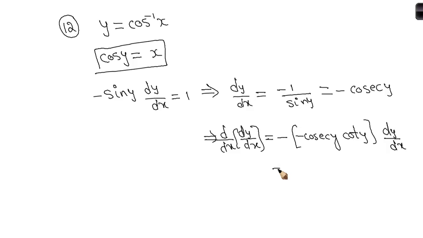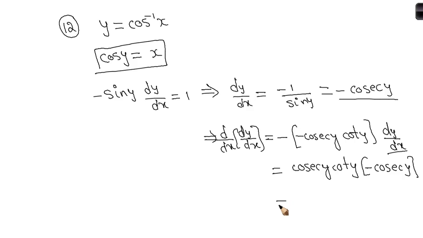So this becomes cosecant y into cot y, but since I need the answer only in terms of y, I can replace dy by dx with minus cosecant y. So this becomes minus cosecant square y into cot y. That is same as d square y by dx square. I did get everything in terms of y's. So the answer should be minus cosecant square y into cot y.